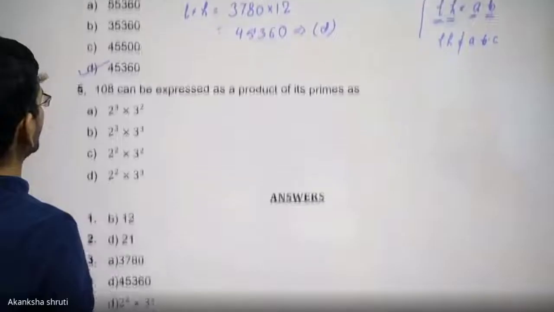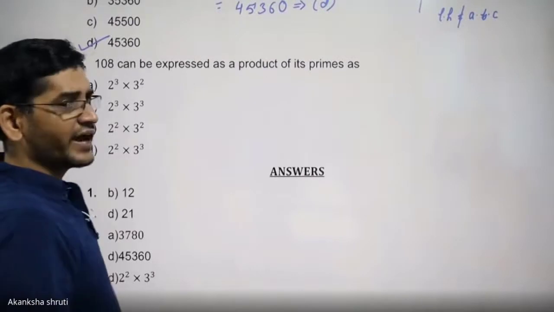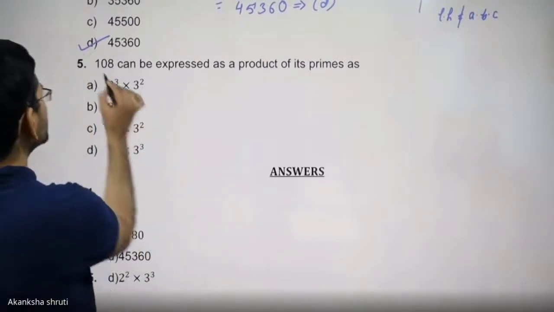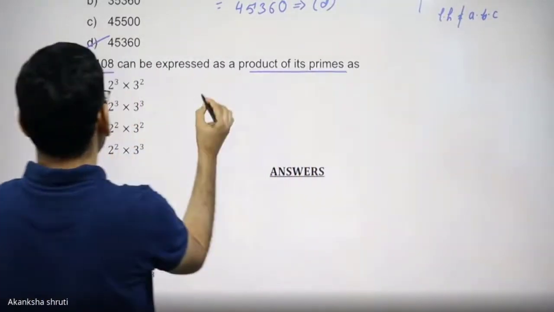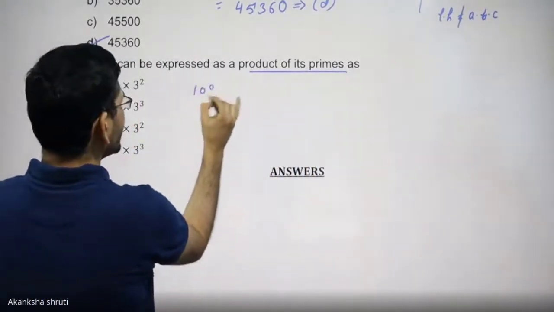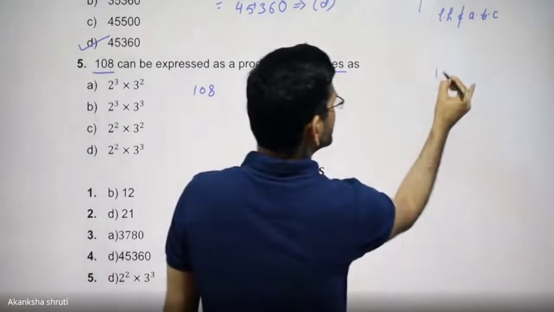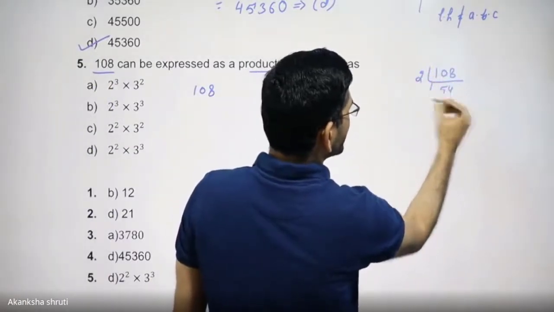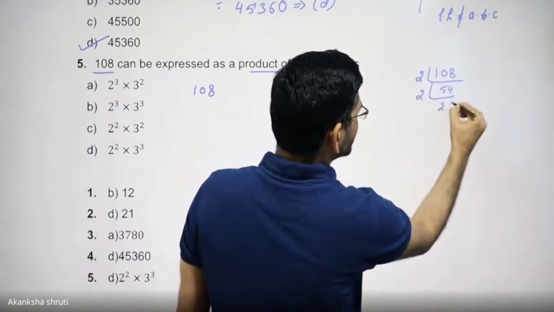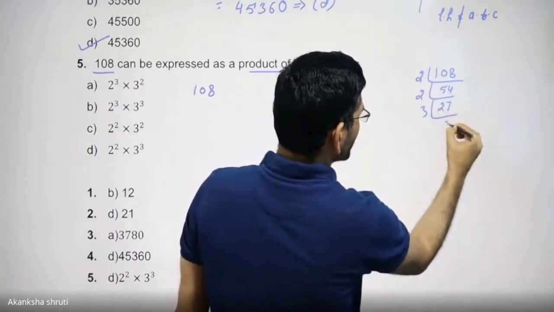Okay, students? Let us come to question number 5. Students, 108 can be expressed as a product of primes, though we have already done this. So for 108, we have to do the factorization. It is even, divisible by 2, so 54. Again divisible by 2, 27. Divisible by 3, 9.